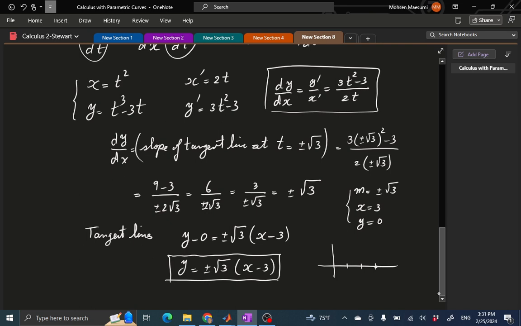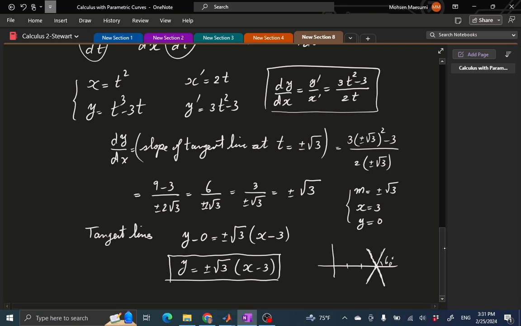What does that mean? It means you are going at 60 degrees, is that right? At 60 degrees, because the tangent of 60 degrees is radical 3. So whatever that curve is, it crosses this point on the x-axis. At that point it makes this 60-degree angle, and then it goes about and does whatever else it has to do.